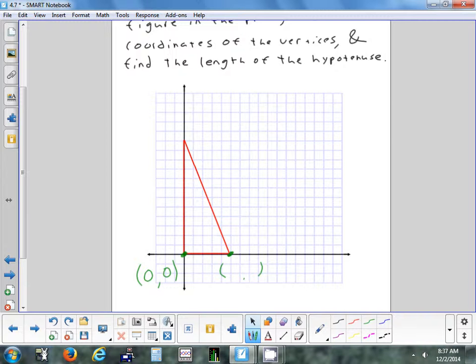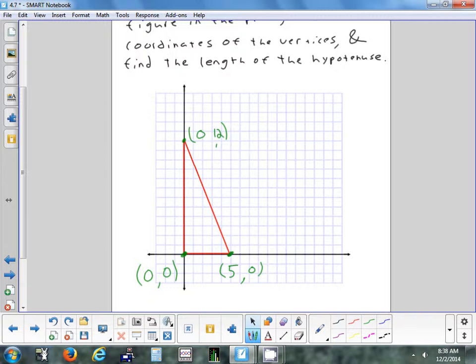It would be the opposite. So what would that be? So 5, 0. Okay. So remember, x comes first and then y. All right, now how about that one, Sarah? What would the coordinates be if you went 12 up? 0, 12. Good.